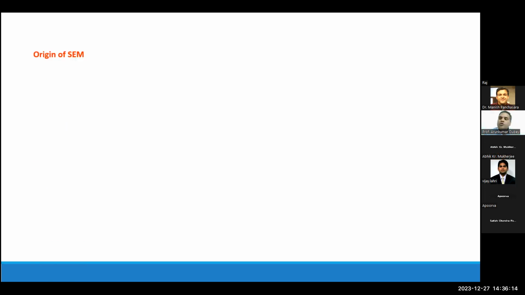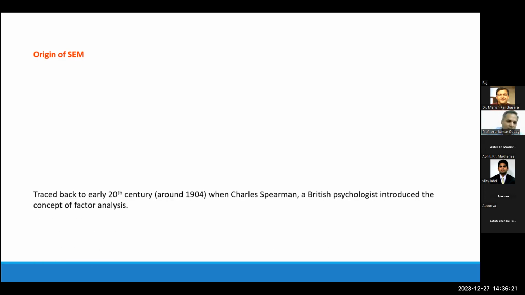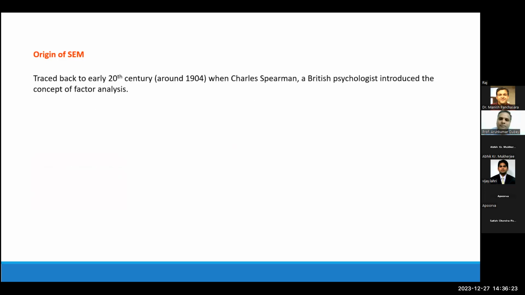So let's begin with the origin of SEM. It has a fairly decent history. The root goes back to 1904, when Charles Spearman introduced the concept called factor analysis. Now, when I say factor analysis, it means let's say you have 20 observed variables.